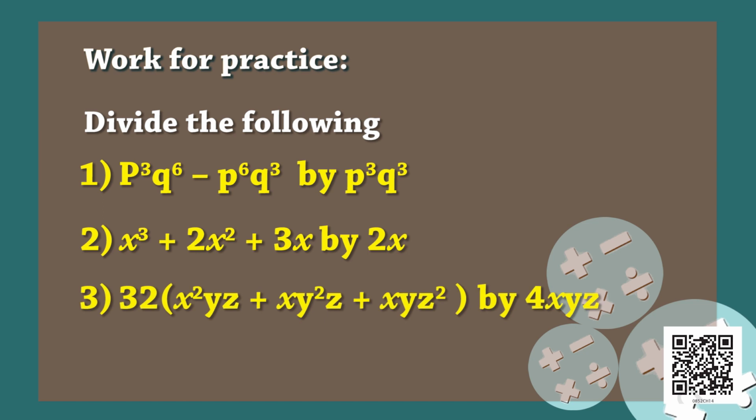Number 3, 32 into x square yz plus xy square z plus xyz square, by 4xyz. Hope it will help you. After practicing such problems, you will get the idea how to divide a polynomial by a monomial.